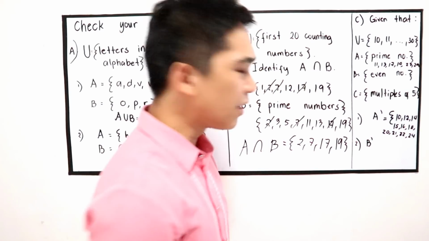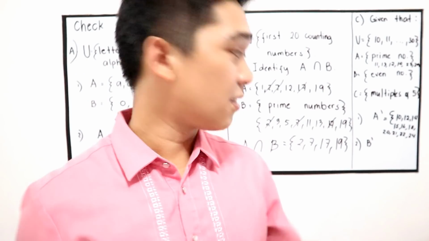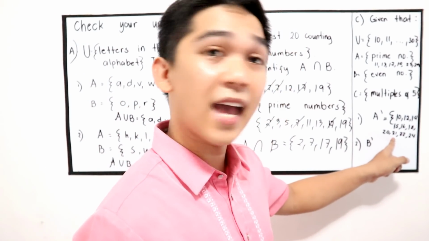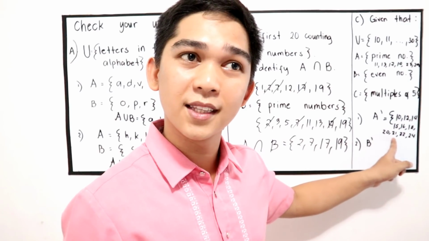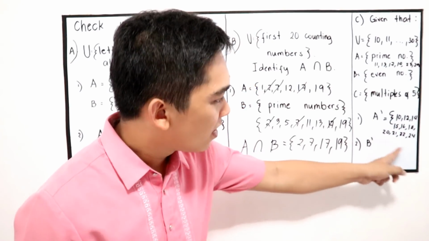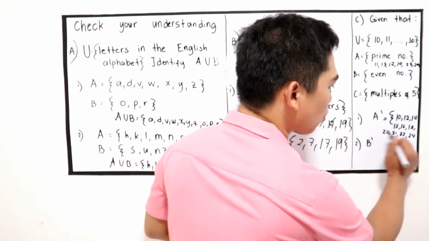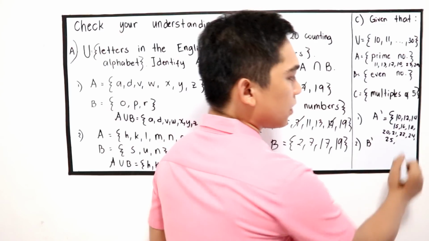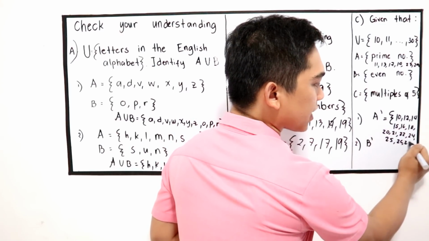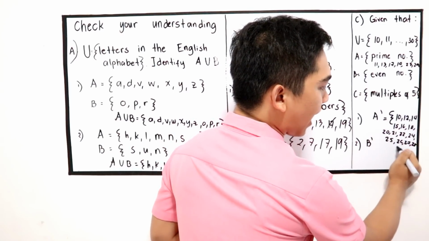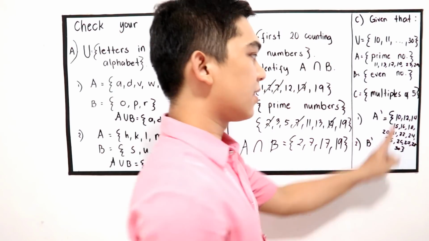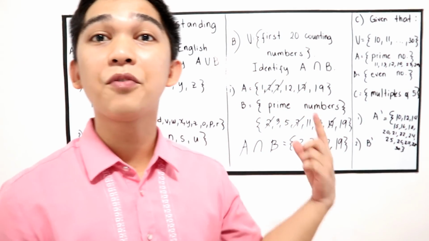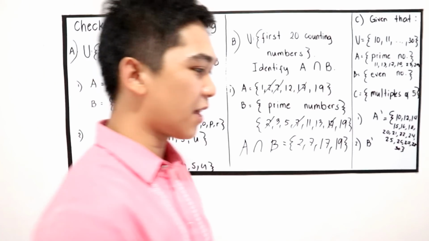Wait, is 21 a prime number? Yeah, 7 times 3 is 21. Okay, 24. Next is 25, 26, 27, 28, and 30. Those are the elements of A prime or A complement.